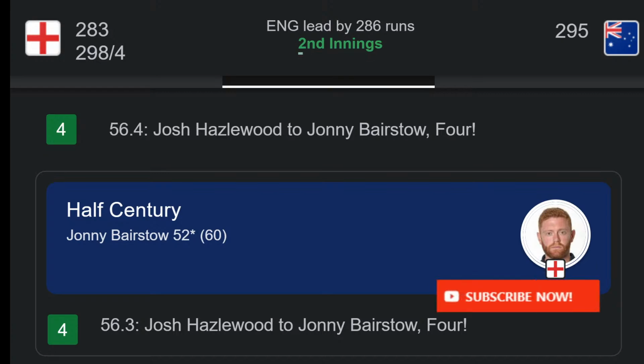So, strong position England. Consecutive 2 boundaries.